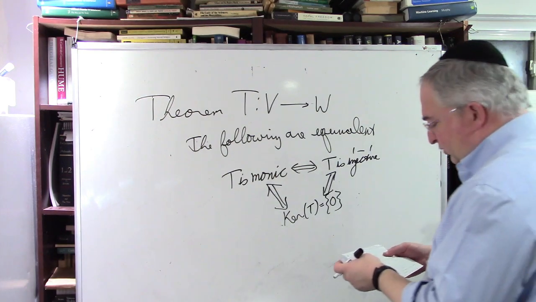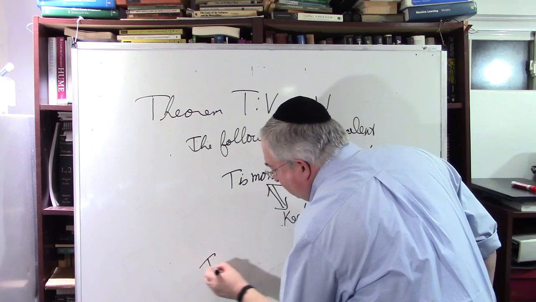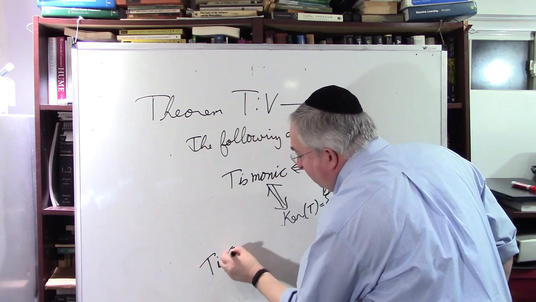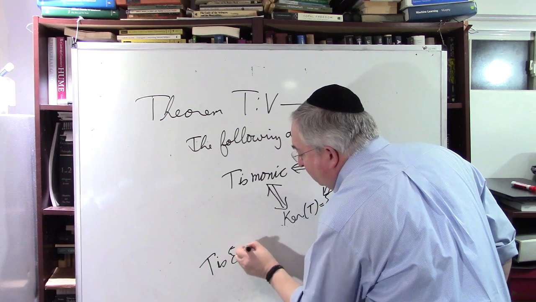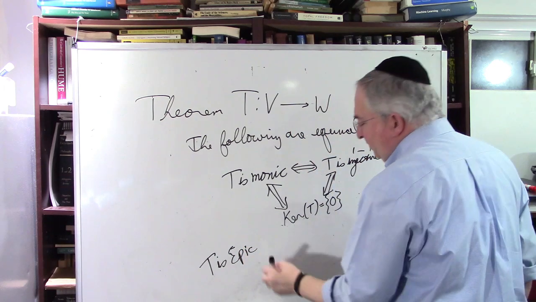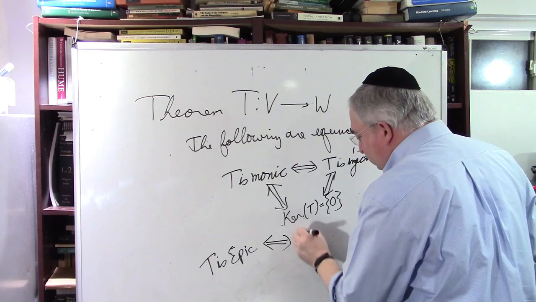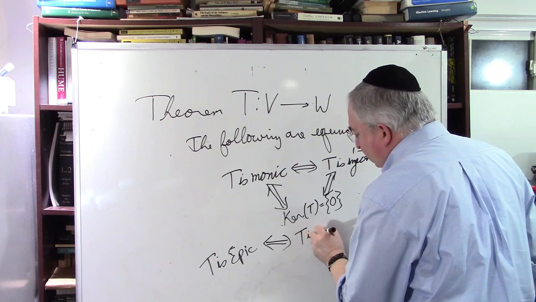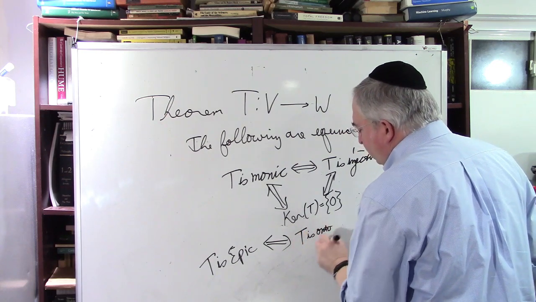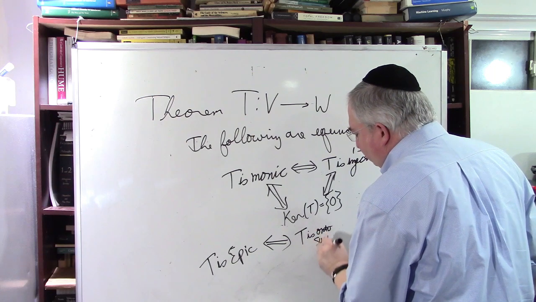Okay, let's do another one. T is epi, or epic, or epimorphism, if and only if T is onto, we used another name for onto, surjective.